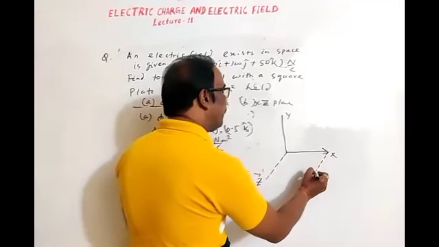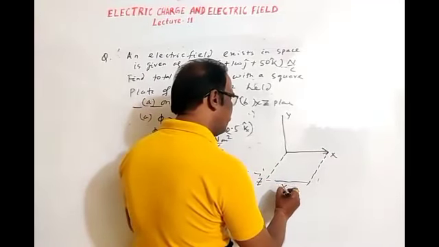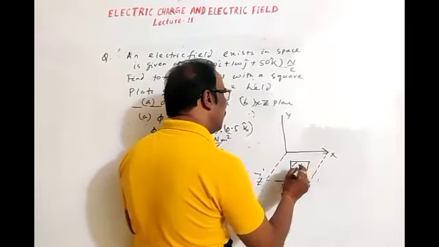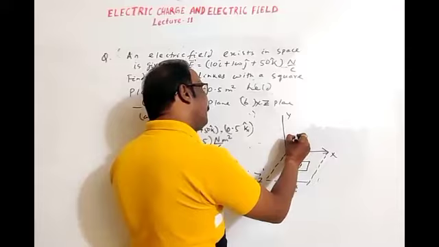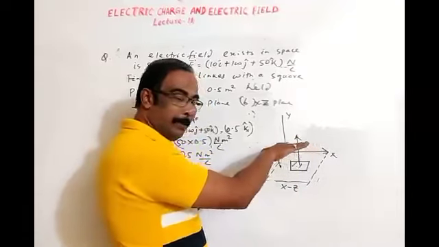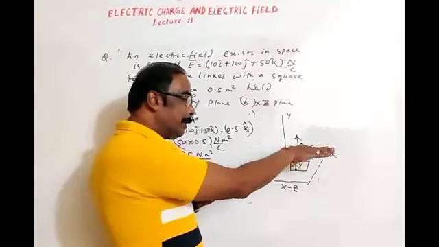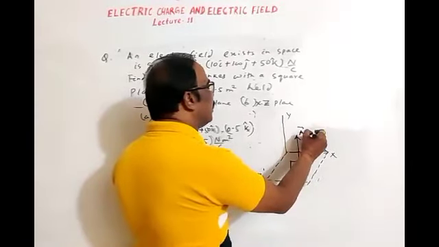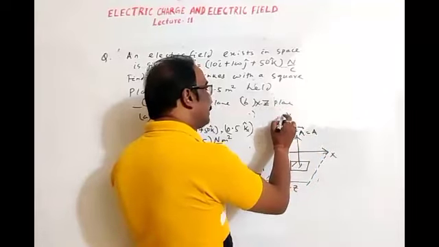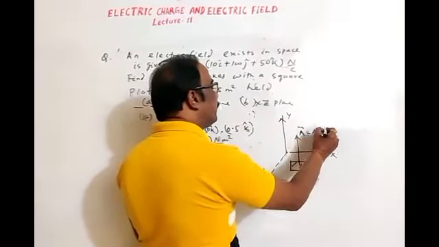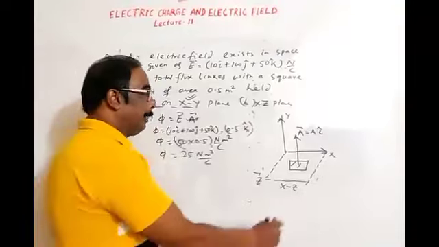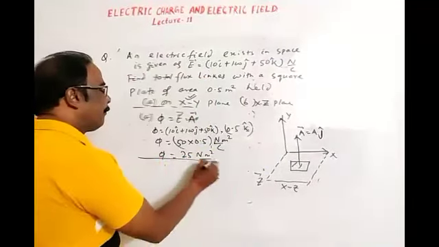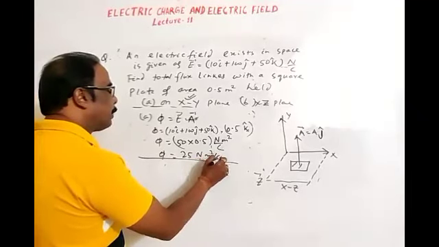So this plane is the XZ plane, and here the area is on this surface, and of course the direction of area vector is perpendicular to the XZ plane. This is the area vector, its direction is along the y-axis, so we may take j cap. Along the y-axis, the unit vector is j cap.